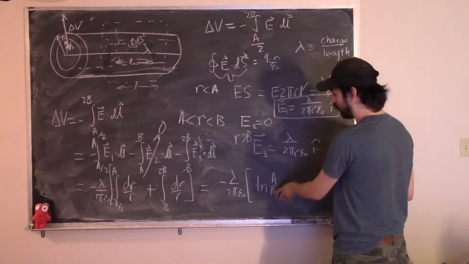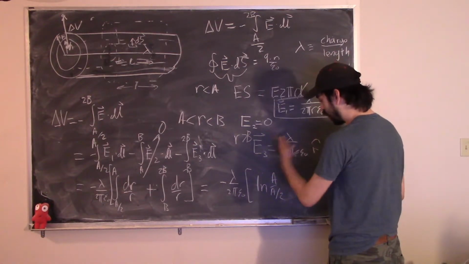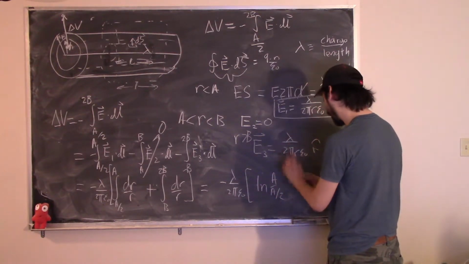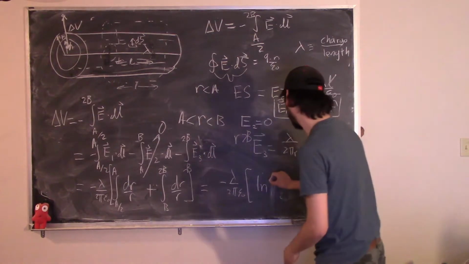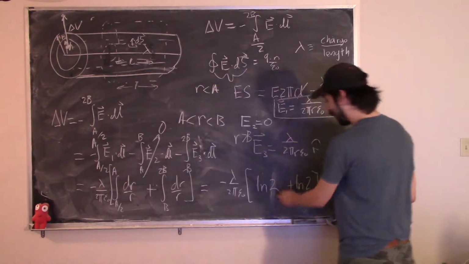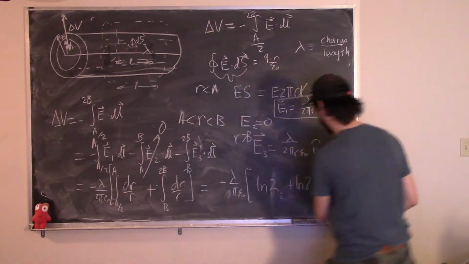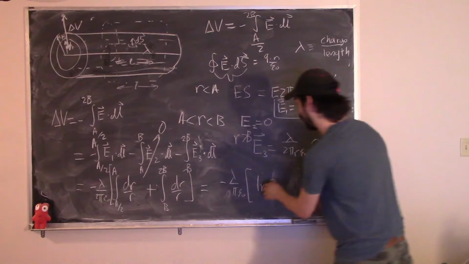The a's are going to cancel. This is the natural log of 1 over a half. 1 divided into half pieces gives me 2, so natural log of 2, plus the natural log of 2. Then I have 2 natural logs of 2, and so that's going to cancel the factor of 2 there, and then this is what I have.